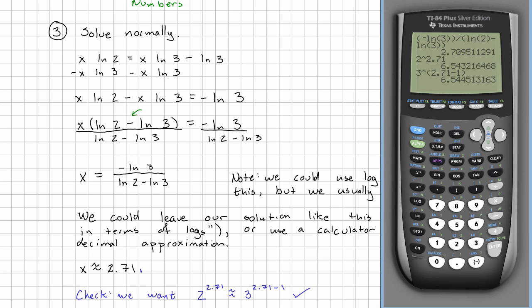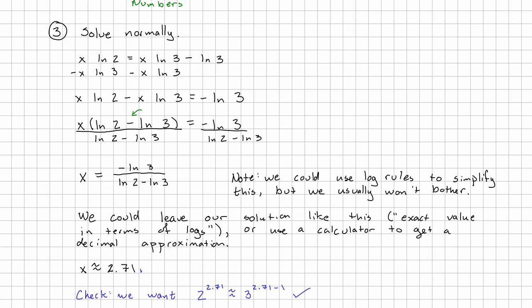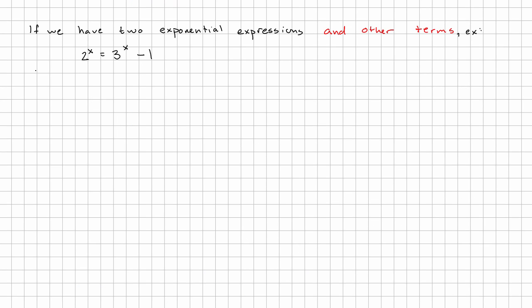Now, we have not solved every equation involving an exponential expression by any means. In particular, we have not seen how to solve an exponential equation that includes two exponential expressions and other terms. Say if we have something like 2 to the x equals 3 to the x minus 1, then this technique of taking the log of both sides isn't going to help us.